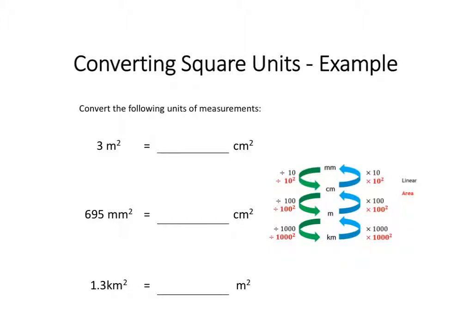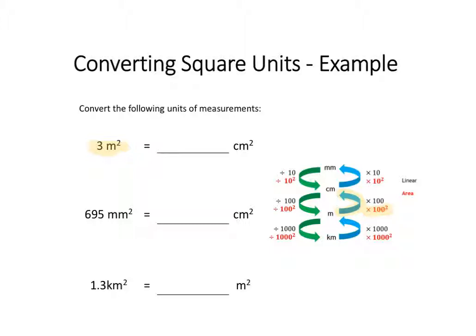Our first example, we want to go from 3 meters squared down to centimeters squared. So if we go back and look at our guide, when we go from meters to centimeters, we want to times by 100 squared.